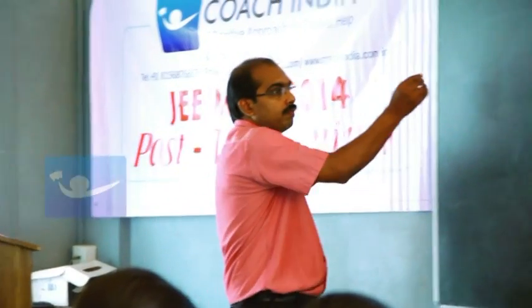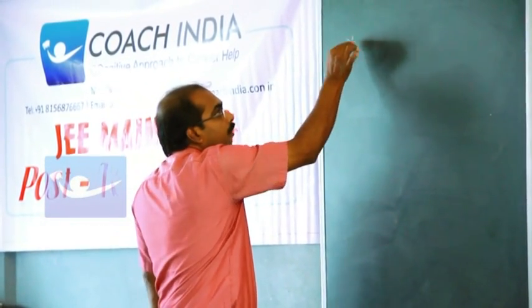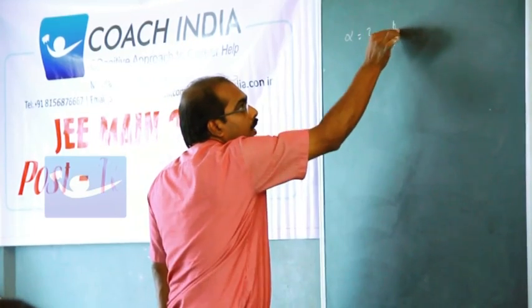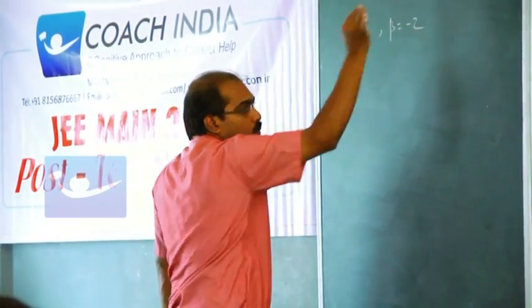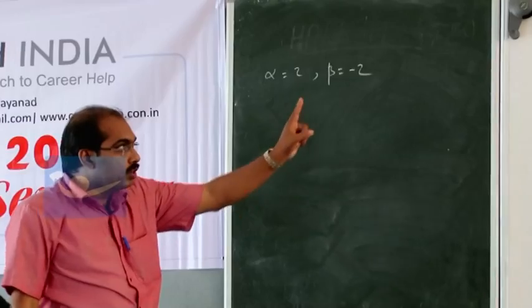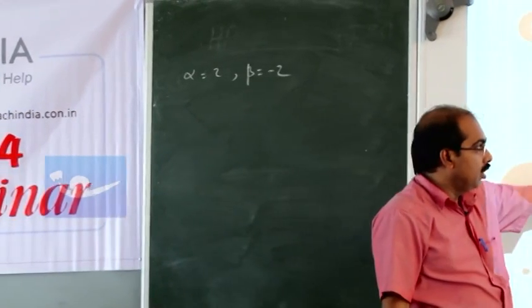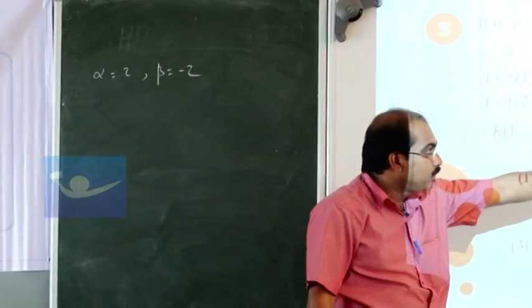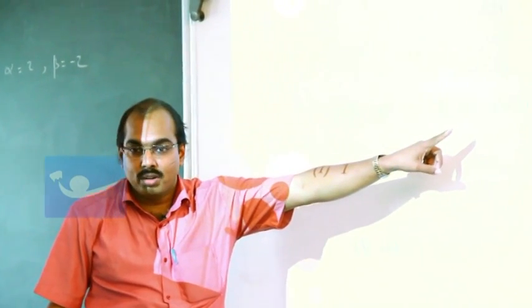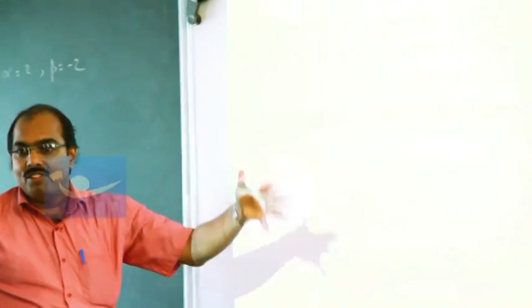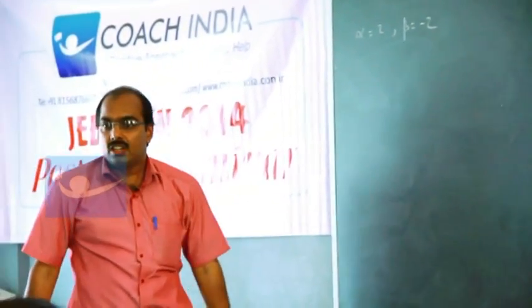Suppose we are putting alpha equal to 2 and beta equal to minus 2. We can't choose alpha and beta as zeros. We can't choose alpha as 1 and beta as 1. We can't choose alpha and beta as equal numbers. So we are choosing numbers in such a way that the given condition should not be violated.